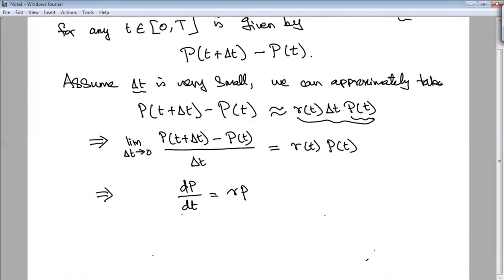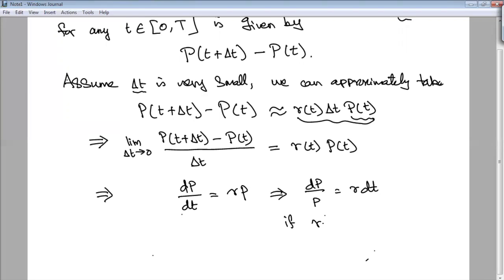Now you note that if you assume R to be constant, then you can directly integrate this and get our continuous compound formula, which we obtained in the previous case when R is constant. That is, you can write this as dP by P is equal to R into dt.